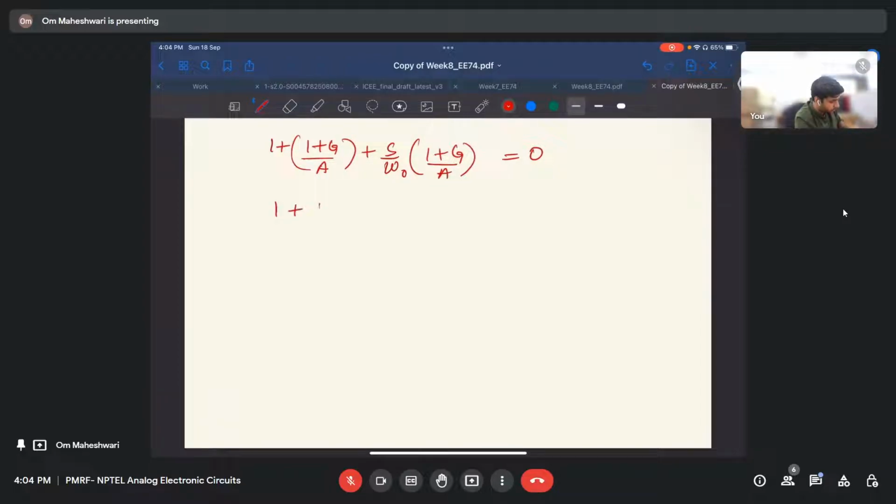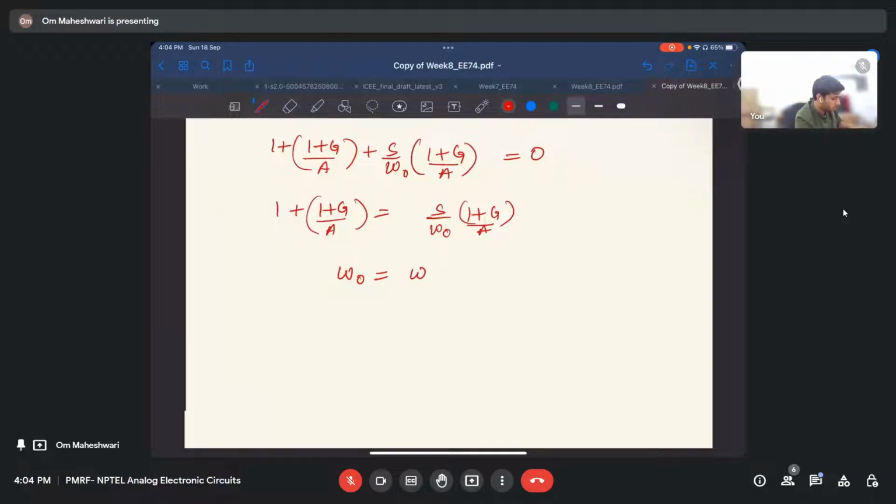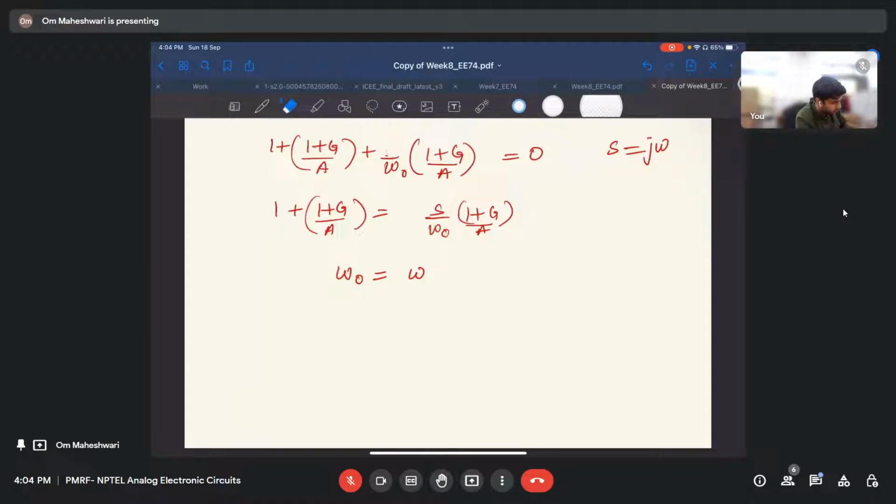So 1 plus G by A, plus S upon omega naught times 1 plus G by A, and if we want to find omega naught, we can replace S by j omega. So we know S equals j omega, right? So if I write here j omega.